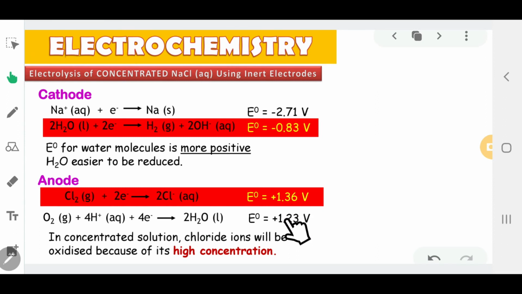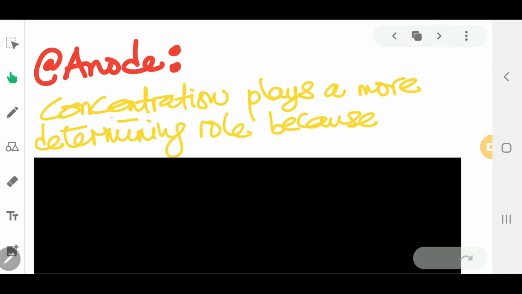But because of the high concentration, the chloride ions will be oxidized first if you compare with the water liquid. And at the anode, the concentration plays a more determining role because of two things.